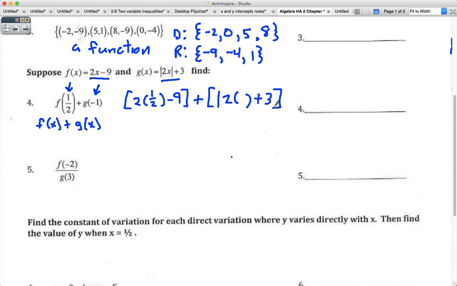So 2 times 1/2 is 1, and now I have 1 minus 9 plus, my input here was negative 1, and this is an absolute value. So this now is the absolute value of negative 2 plus 3. 1 minus 9 is negative 8.